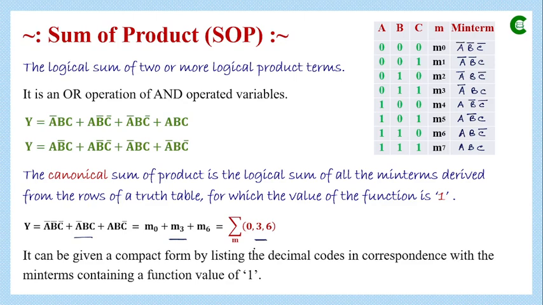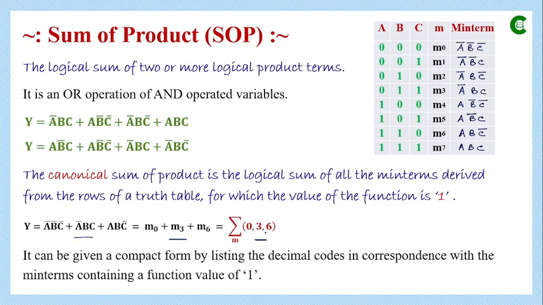But this time we are representing it by this summation sign, and at the bottom of the summation sign we write small m. By small m we understand min term, and within parentheses we just mention their decimal values. So m0, as we have seen, or a bar, b bar, c bar is the first min term, so we will represent its corresponding decimal value.